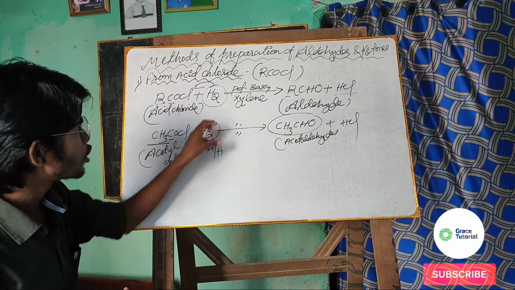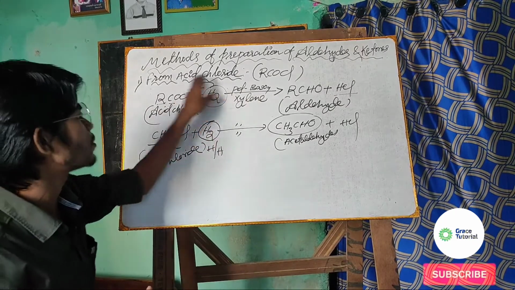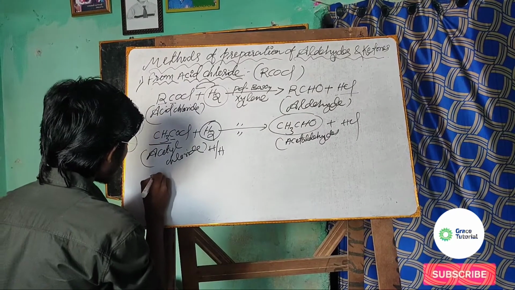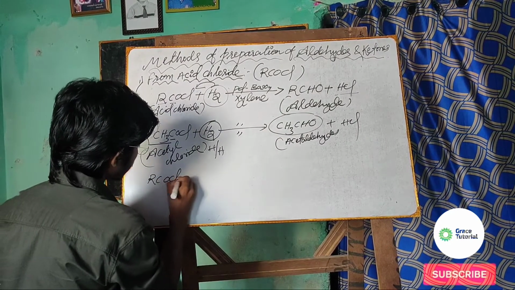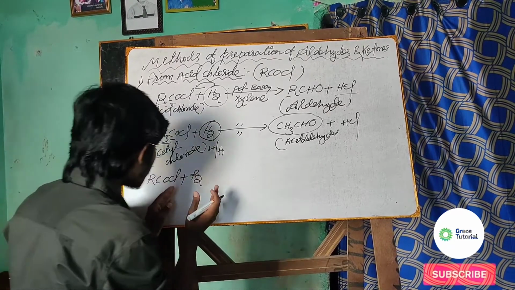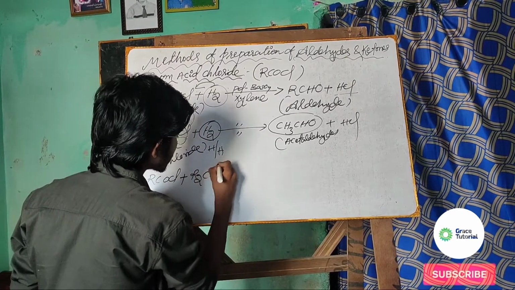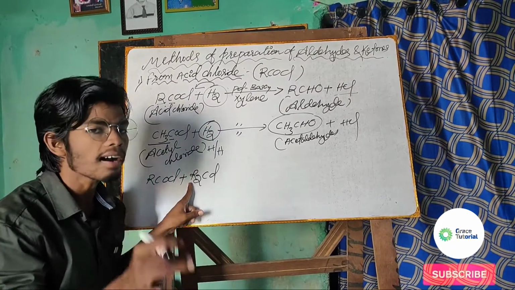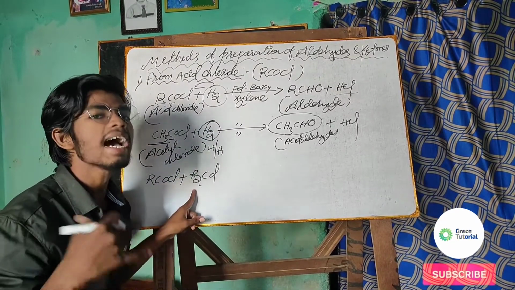Now we'll look at how the ketone is formed from this acid chloride. Basically, I have acid chloride. If you react this acid chloride with dialkyl cadmium, generally the symbol for alkyl is R, so R2Cd, that means dialkyl cadmium.